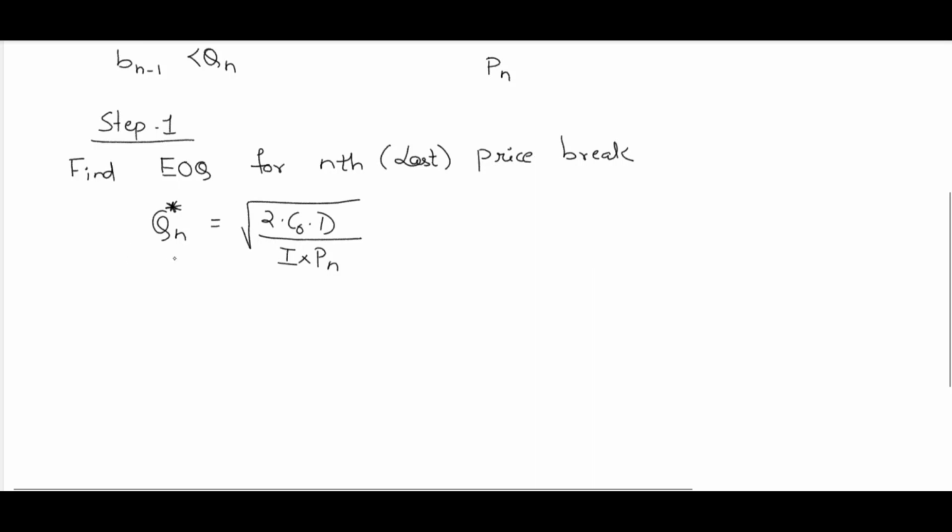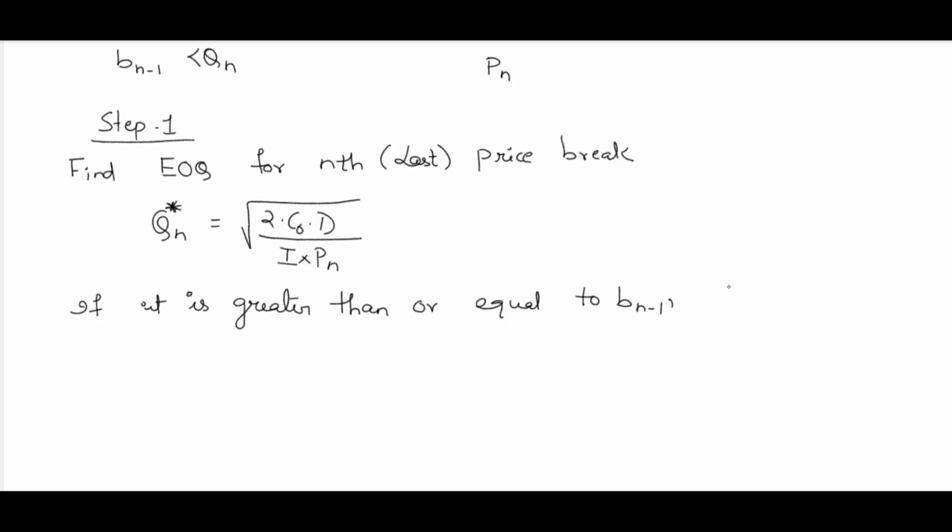Then if Q star n is greater than or equal to B n minus 1, then the optimal order size Q is equal to Qn, if this happens.